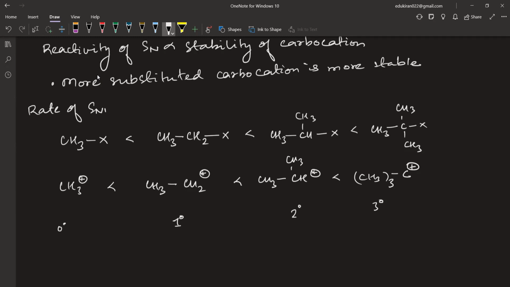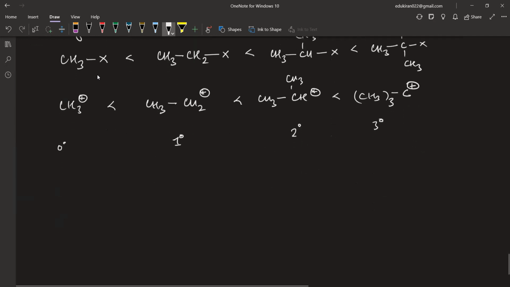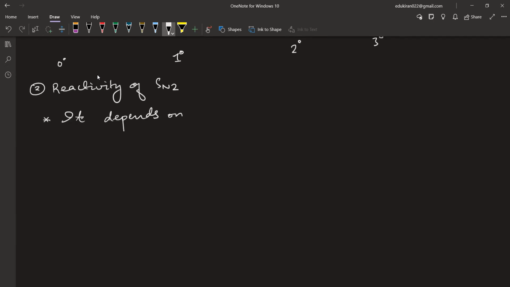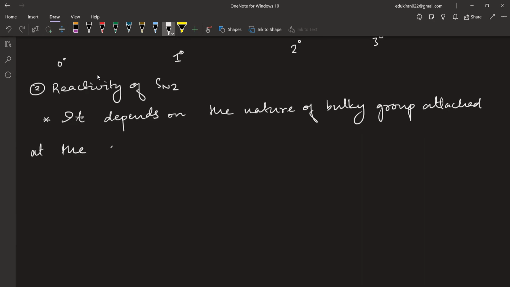Okay. Now, write the reactivity of SN2. Reactivity of SN2 depends on the nature of bulky group attached at the alpha carbon.